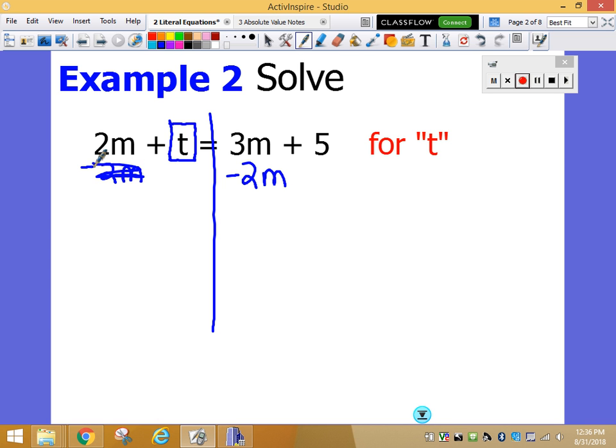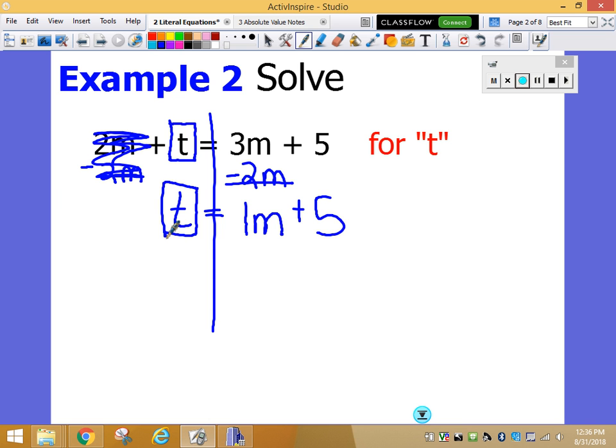So on the left, these 2's go away, and I have t left. On the right, I can combine these. 3 minus 2 is 1m, and I can bring down plus 5. Now let's look. Is t by itself? Yes. When you get that letter by itself, you are done.